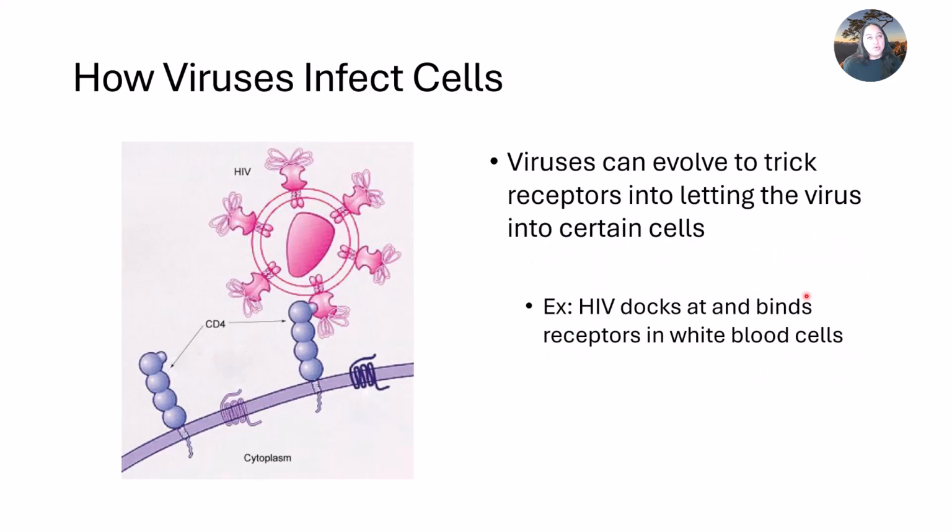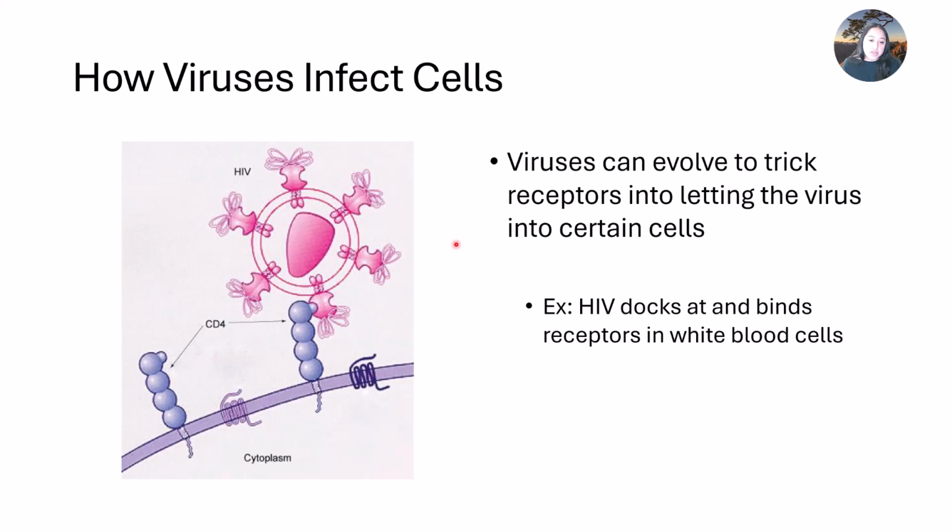Something interesting in biology is how viruses infect cells. Like I said, viruses are just kind of shells with proteins sticking out on the outside. Sometimes viruses can evolve to trick the receptors in our cells into letting the virus in.